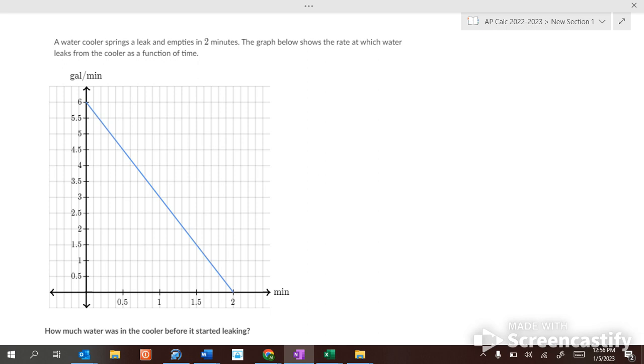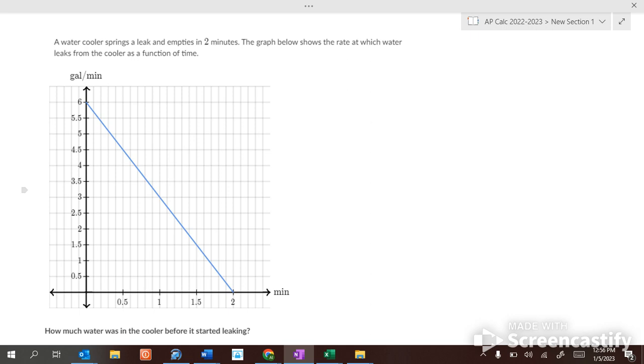We started out with it leaking at 6 gallons a minute, and as there's less pressure, it doesn't leak at as fast a rate. With more water in there, there's more pressure on it, so it leaks at a faster rate. So then it slows down.